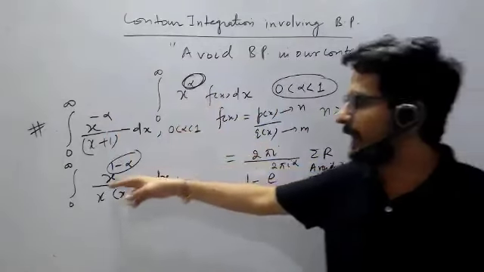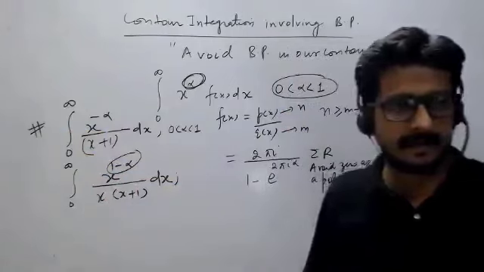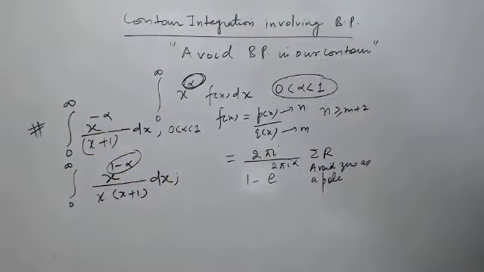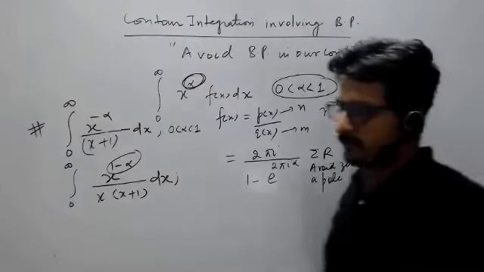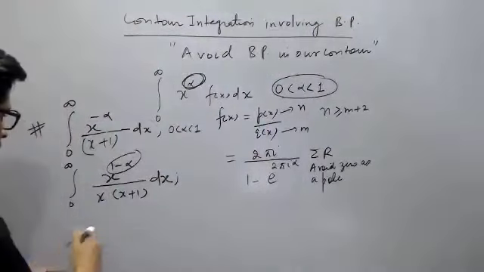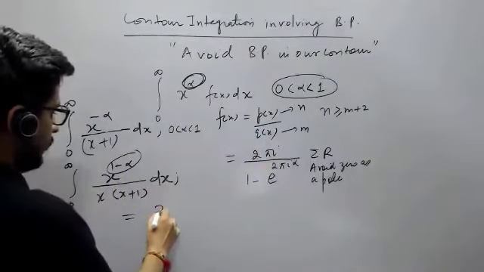So what I have done is I have multiplied x here and here. So now it has become 1 minus alpha. Now it is okay. So now what will happen?